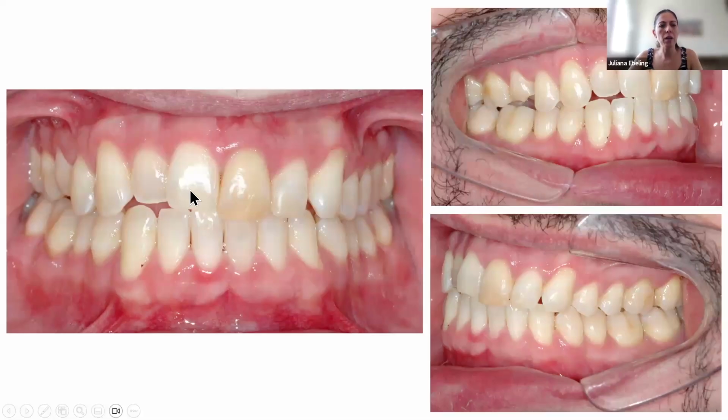And this is a case where we have ankylosis of some teeth and some movements we cannot do. For example, this premolar, this lateral, this central, we have some ankylosis, and we need to put these teeth in a better relationship to reanatomize the surface better at the end and get better occlusal contact distribution.